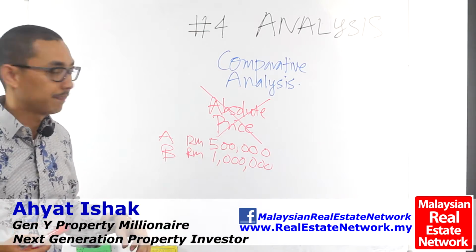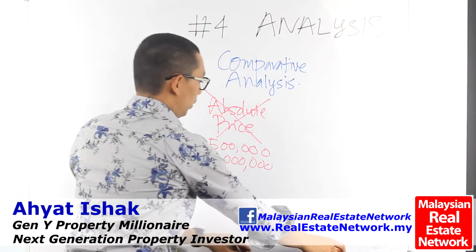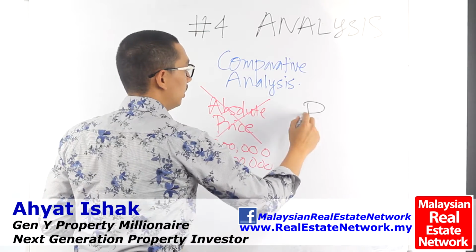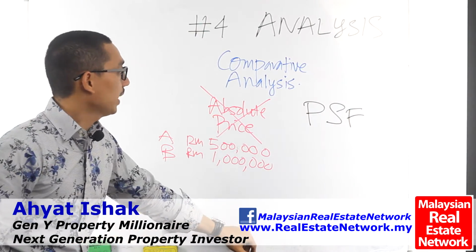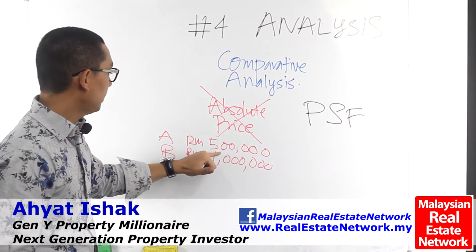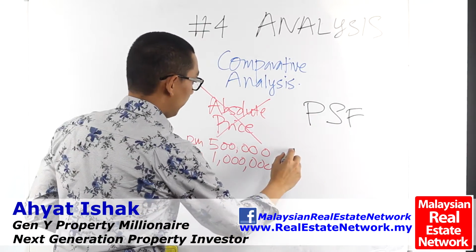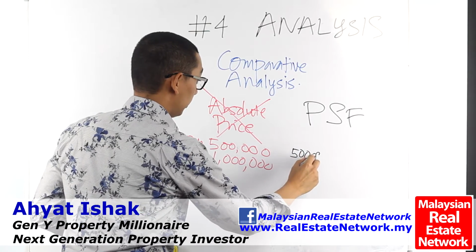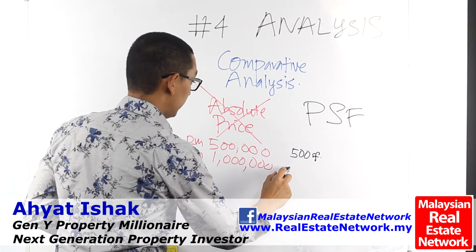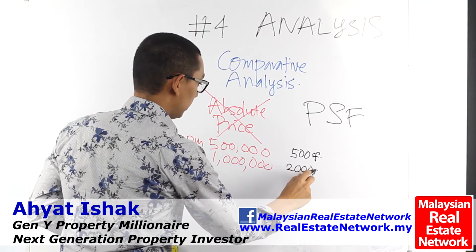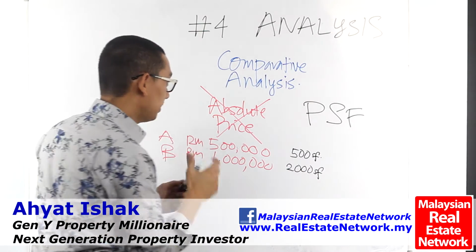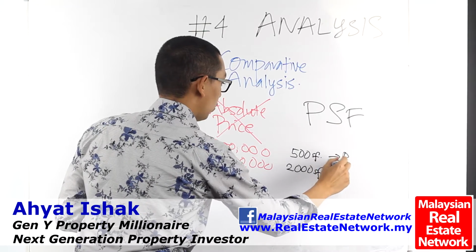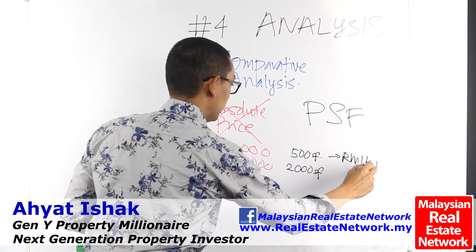of property A. But what you need to do is, you've got to compare it based on price per square feet. Now, price per square feet, let's say this is just 500 square feet. And this is 2,000 square feet, for instance, right? This is just an extreme. So this makes this 1,000 ringgit per square feet.